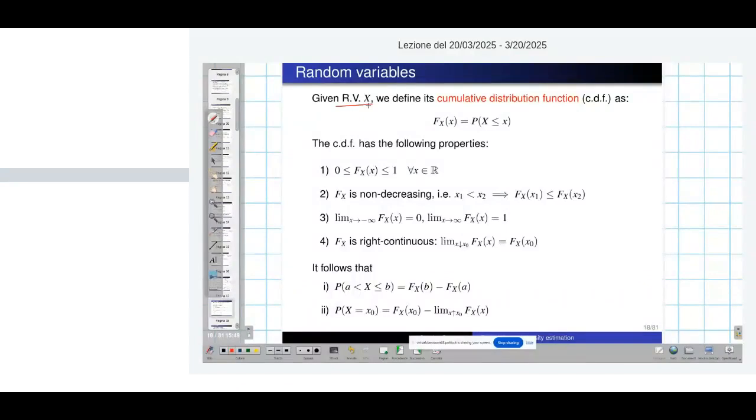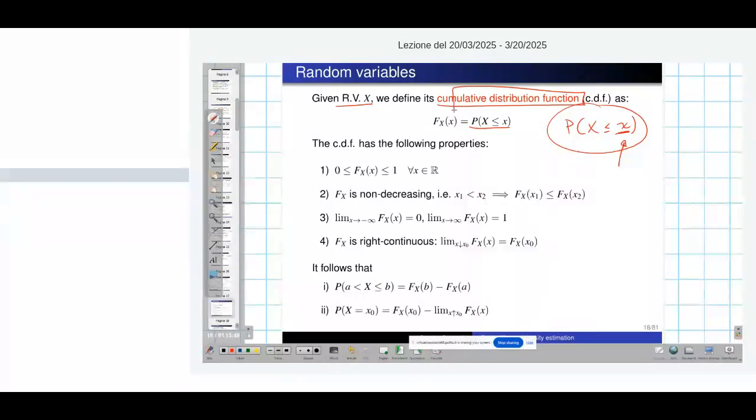Now, given a random variable, we have seen that it makes sense to talk about the probability that the random variable takes a value smaller or equal than small x. This, as a function of small x, is called the cumulative distribution function.